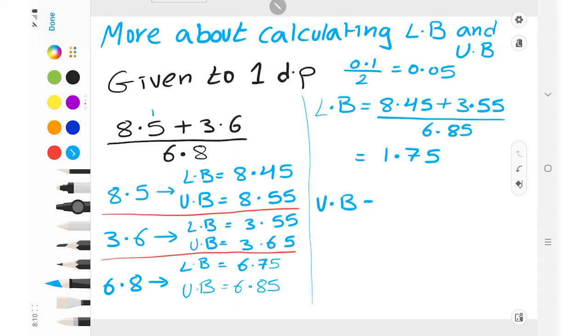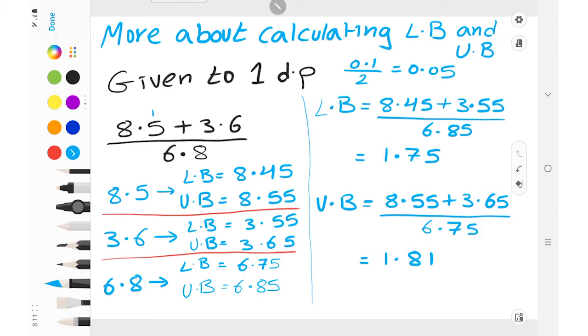For my upper bound, the upper for the addition, 8.55, plus the upper of 3.6, which is 3.65, divided by the lower 6.75, and my upper bound is 1.81. This is for the first example.